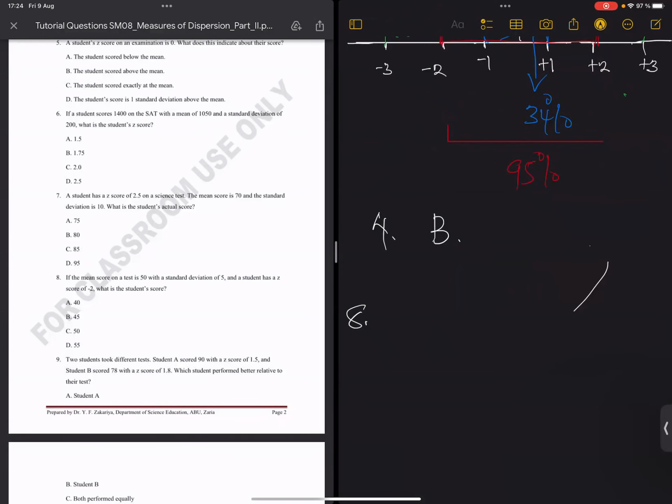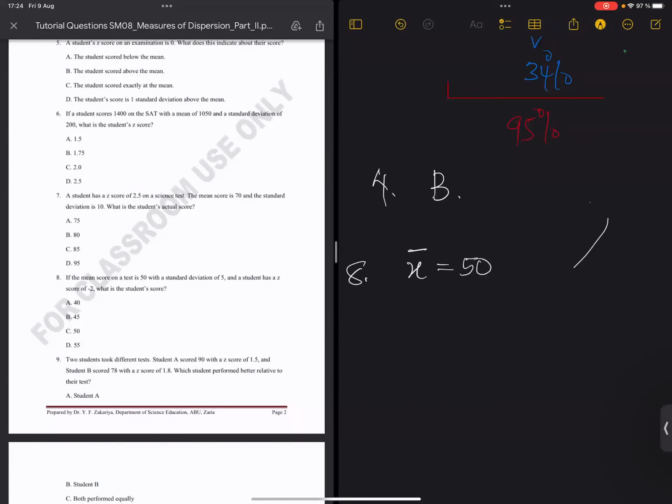Write out what we are given. The mean score on the test is 50, X bar equals 50, and the standard deviation S equals 5. A student now has a Z-score of -2. What is the student's score? That is, what is X?